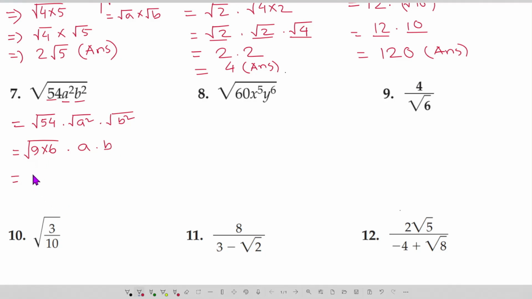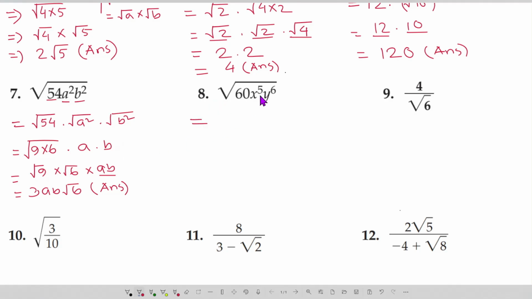Now this root 9 times root 6, and here is ab. Root 9 means 3, right? And this ab we can write here, and root 6. This is our answer. A very simple way we are trying to solve this one.